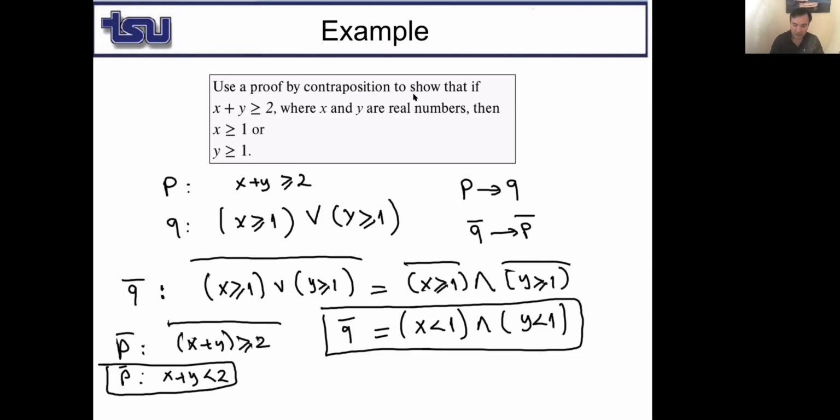Okay, let's prove it right here. We start with this. That means x is less than 1, y is less than 1. If I add them up, x plus y is less than 2, as you see here. I just directly showed that. So that means Q naught implies P naught is true. That means P implies Q must be true.